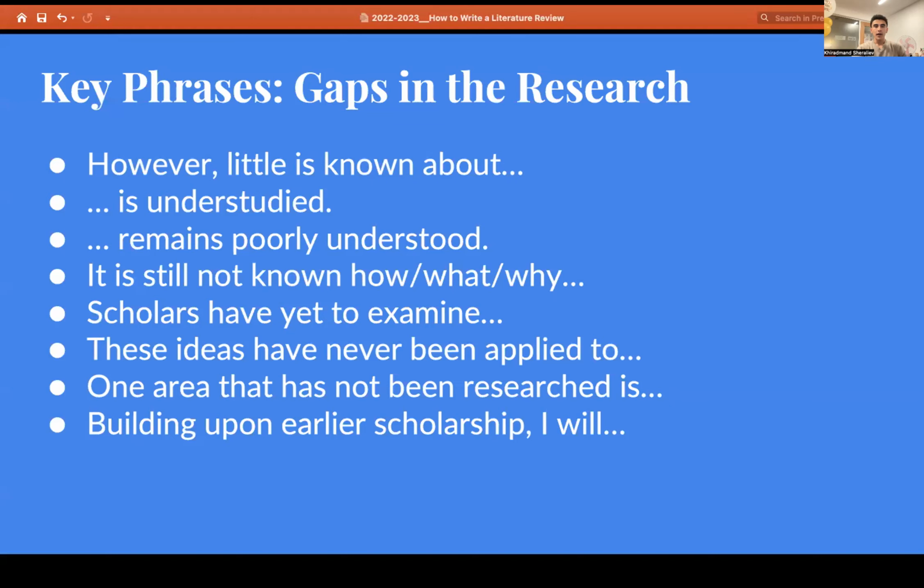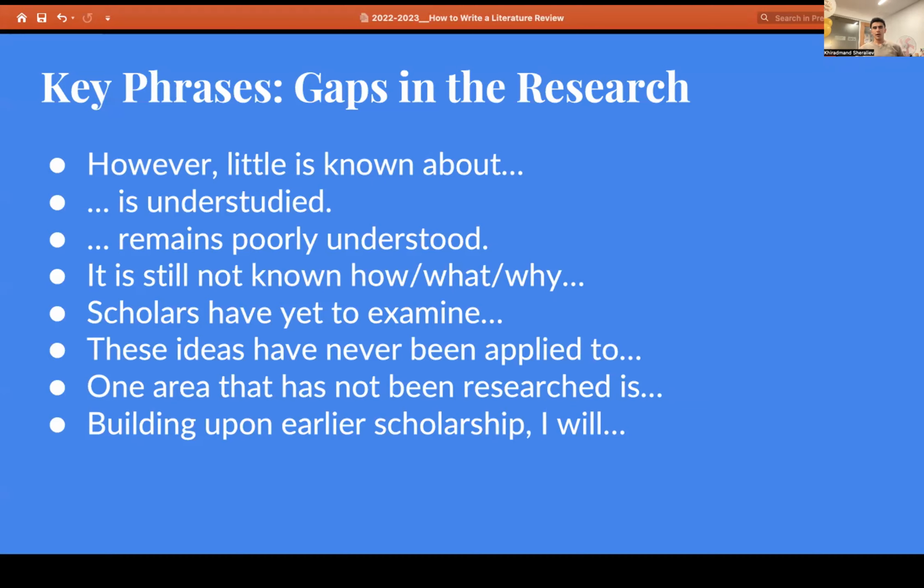And for this part, you may use the following key phrases. However, little is known about something, or something is understudied, right? Not effectively studied or examined, or something remains poorly understood.